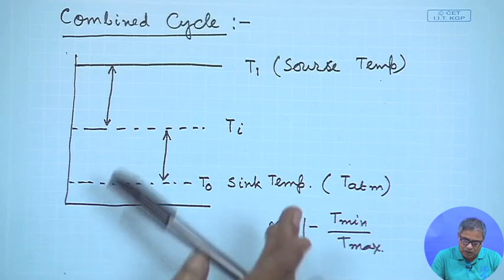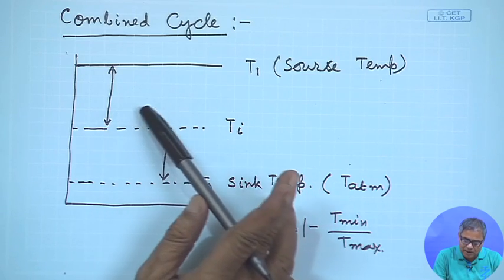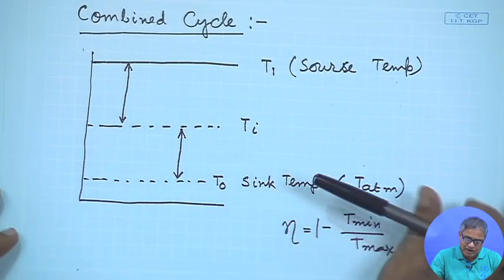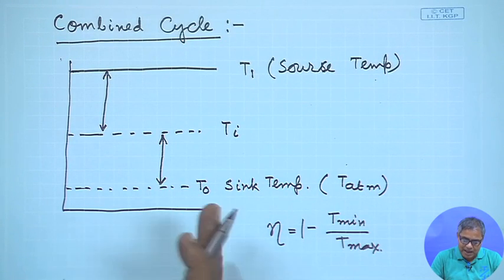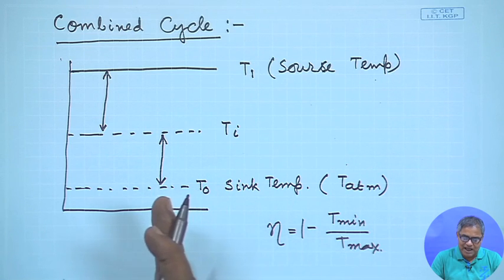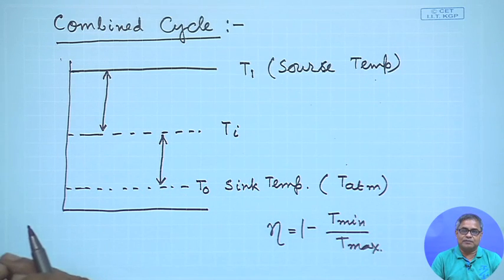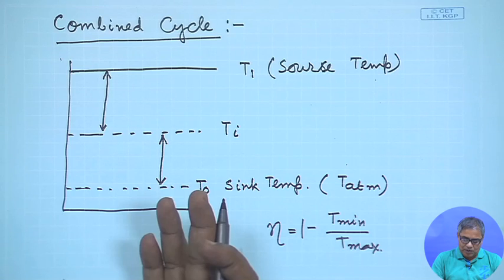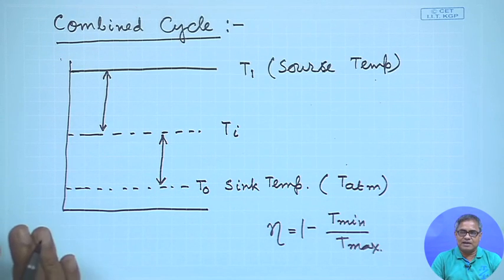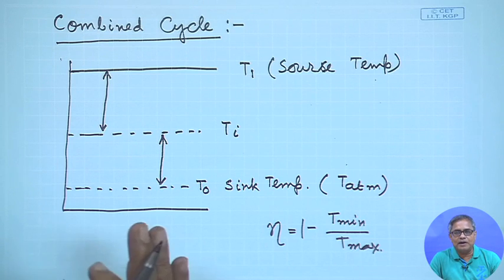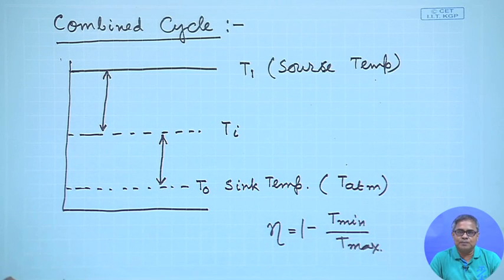The thermal interaction between these two cycles is some sort of internal, and we can take them as if they are a single cycle, but obviously they are two cycles. So, if energy is converted into work by this kind of scheme, it is called a combined cycle. The power plants which are operating on this particular scheme are called combined cycle power plants.